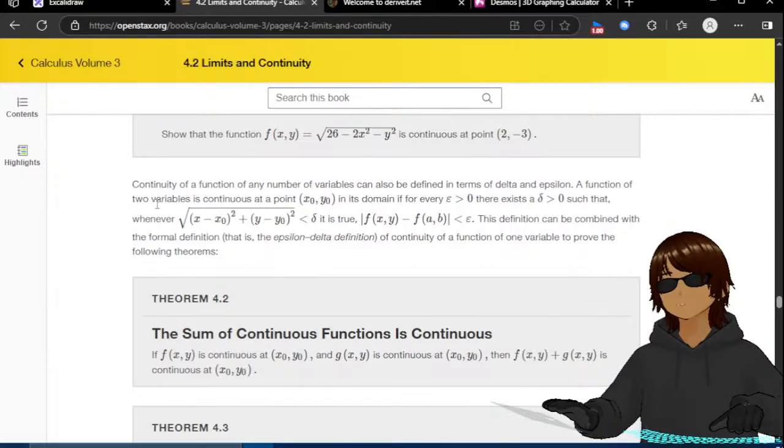A function of two variables is continuous at a point x naught, y naught in its domain if for every epsilon more than 0 there exists a delta such that whenever this is less than delta, it is true, then this will be less than epsilon. This definition can be combined with the formal definition of continuity of a function of one variable to prove the following theorem.